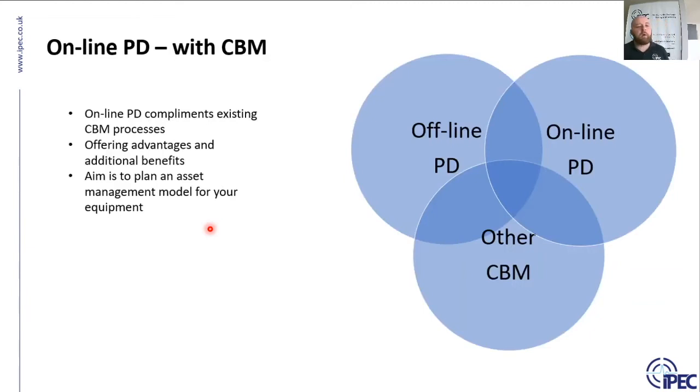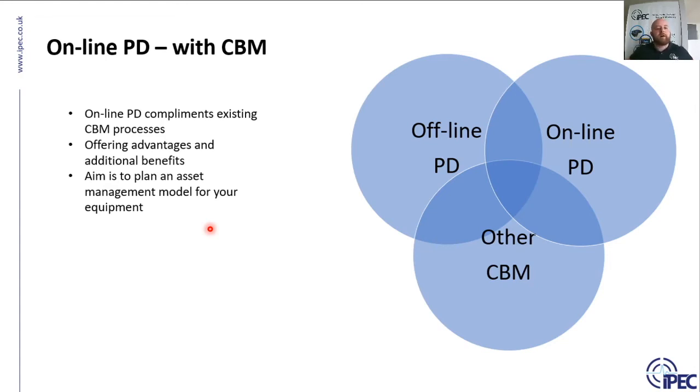One note, which I thought I'd leave till after the sensors are done, is how online PD fits into the whole condition-based maintenance structure you may have in your own organization. One funny thing about online PD is that currently there are no international standards for a lot of online PD testing and monitoring solutions.